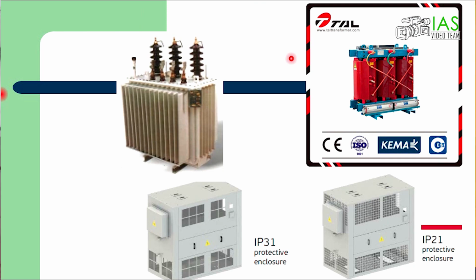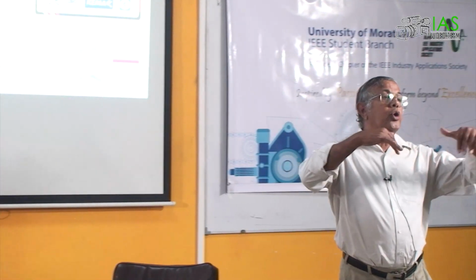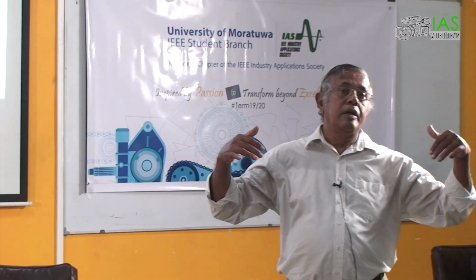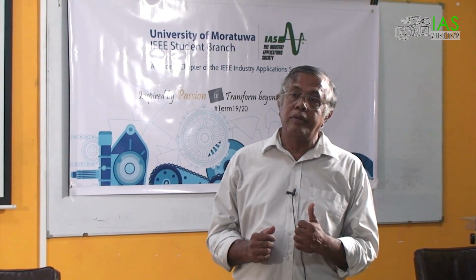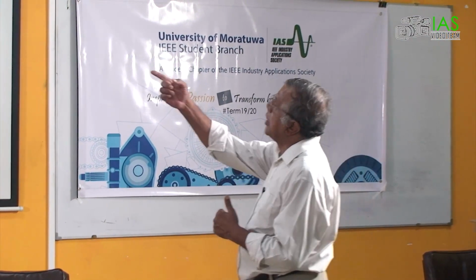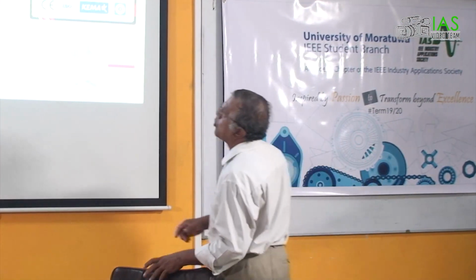Here are some transformers of the distribution type. On this distribution transformer, you have a corrugated sheet body.